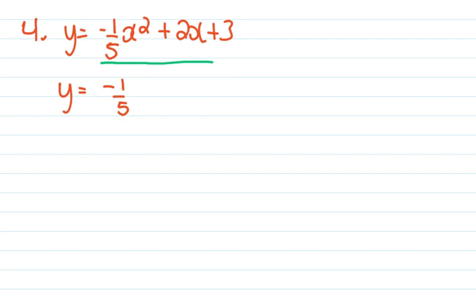So whatever the a value is, you take that number out because you want the number in front of the x squared inside the bracket to be 1. So we need to do 2 divided by negative 1/5 in order to figure out what that number is going to be. So in order to divide by a fraction, we multiply by the reciprocal.